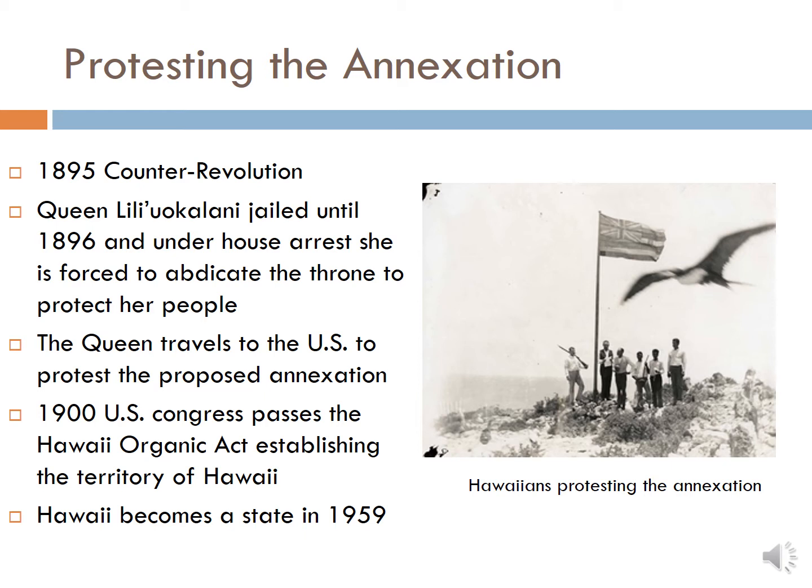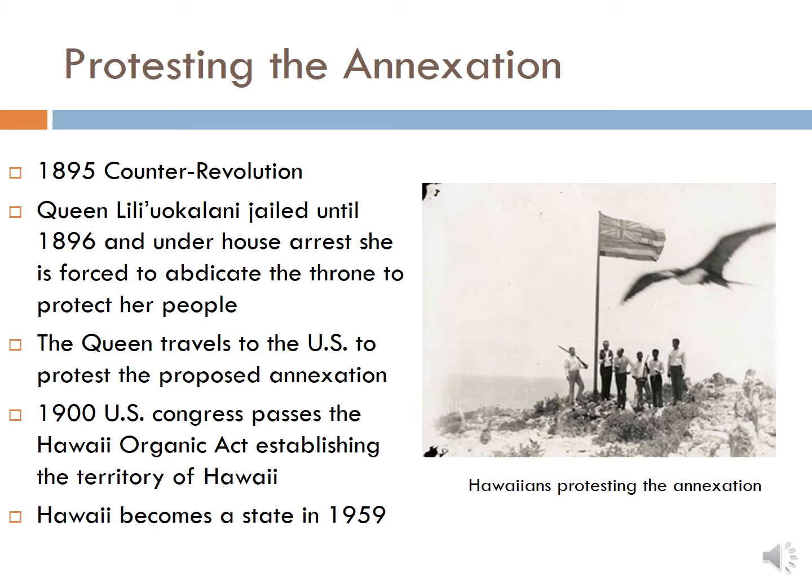When she is finally released from house arrest, she decides that she needs to step up her protest. And so she makes a trip to Washington, D.C., a very long journey, as you can imagine, on a boat, all the way to the nation's capital to protest the annexation.